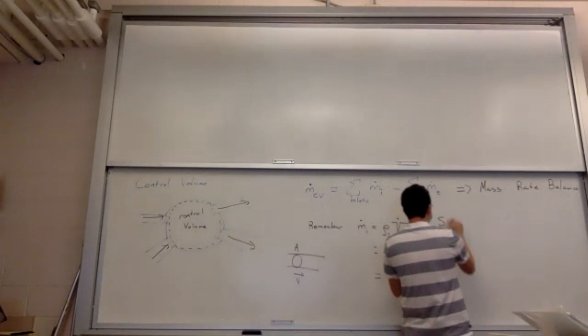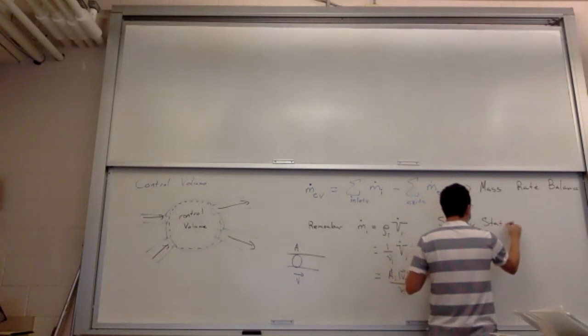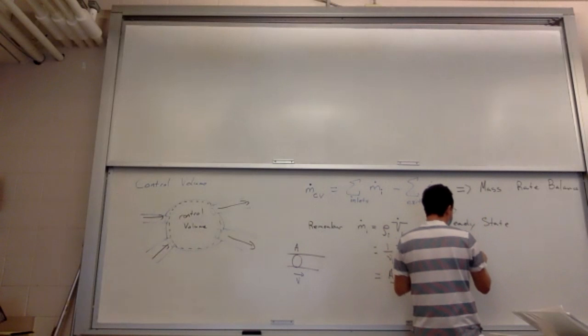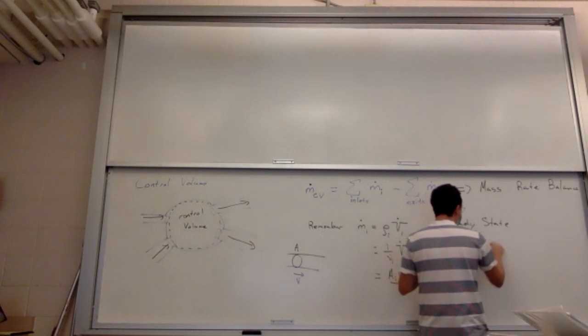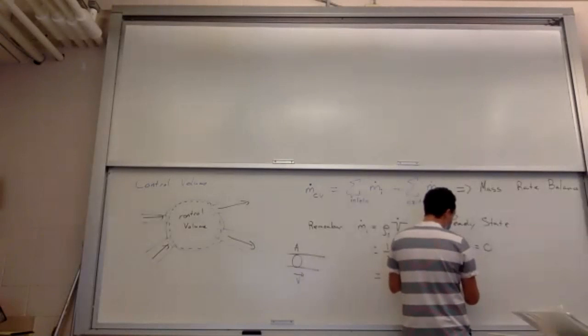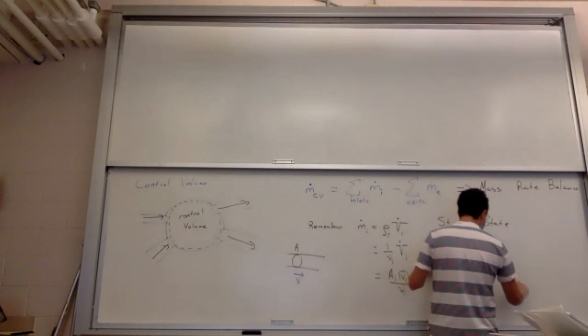So steady state for the mass rate balance is going to say that m dot for the control volume is 0, which means the sum of the inputs must equal the sum of the outputs, of the exits.